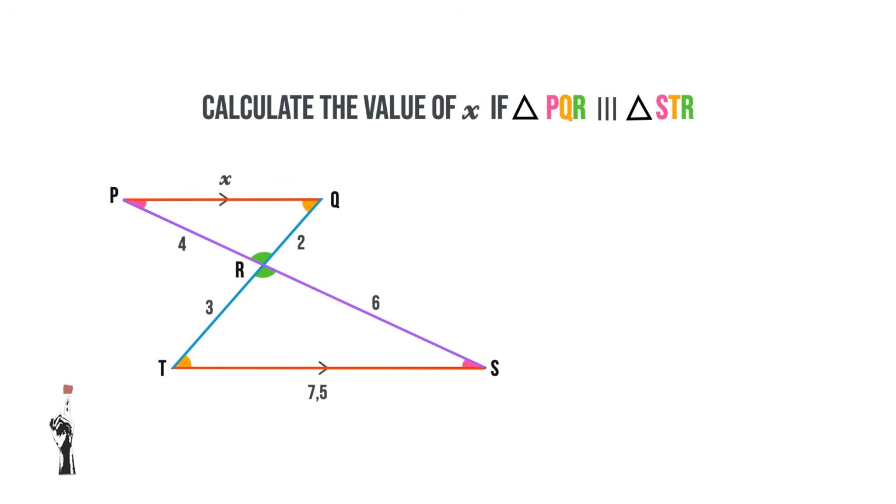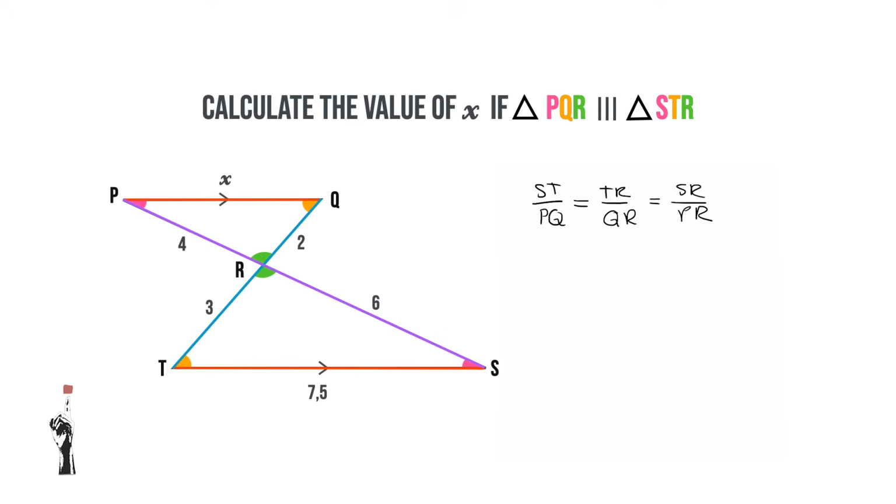Therefore, I can immediately write that ST over PQ will be equal to TR over QR, which will also be equal to SR over PR.